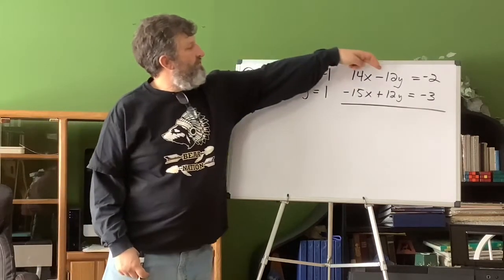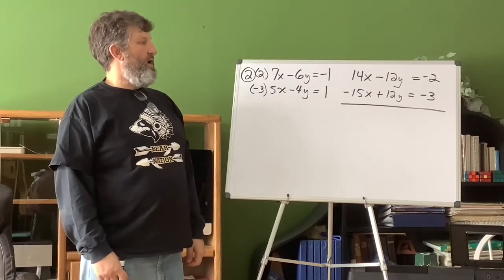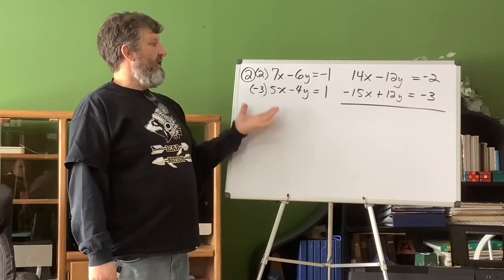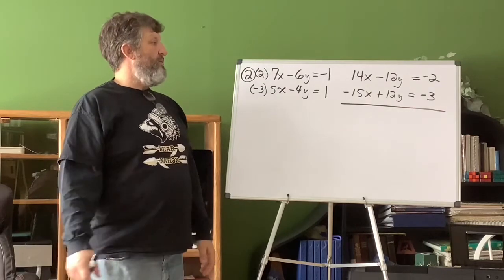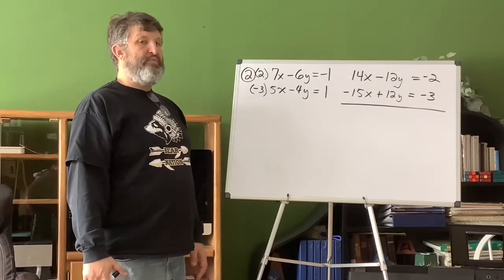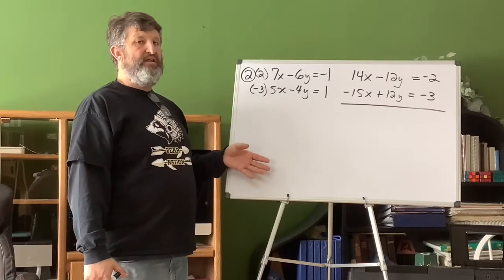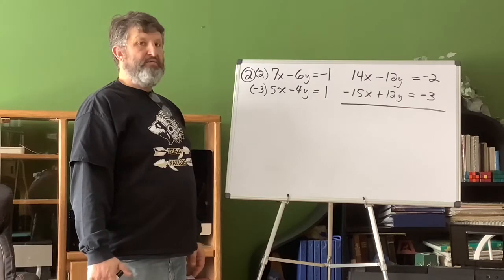Same coefficients, opposite signs. Okay, now what I would like you to do is push pause and take it home from there. I'm going to take a 5-second break for you to push pause, and then I want you to finish this, and then push play again once you've got it done.